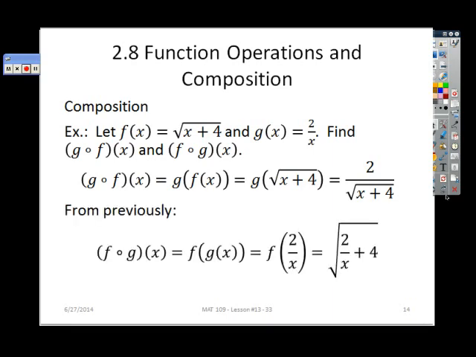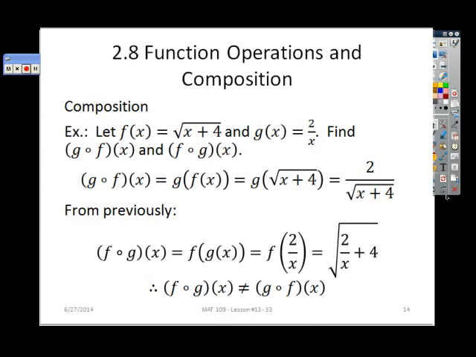There's no common factors or anything, so we just leave it at that. F of g of x we found previously was this. We did that on the previous example. Compare the two. Obviously not the same thing. And that's generally going to be true. When you're doing composition, if you do the functions in different order, you get different results.